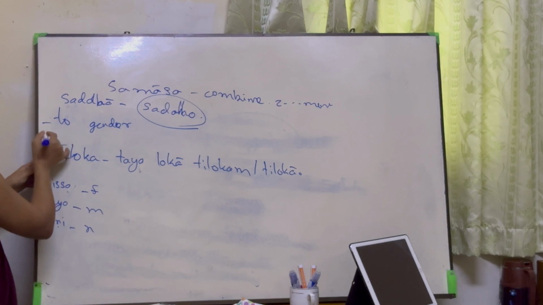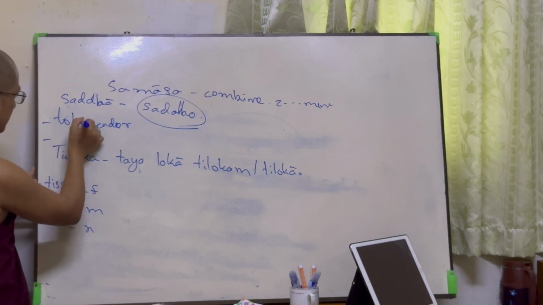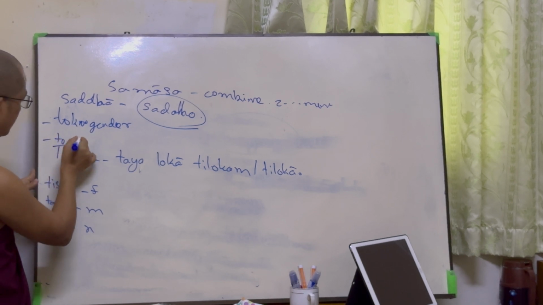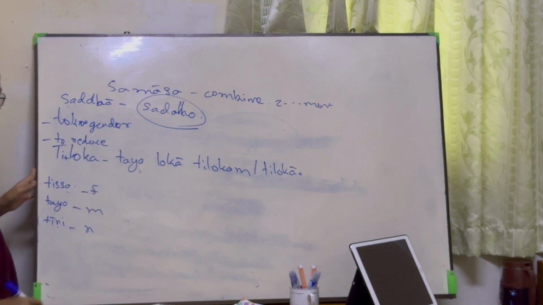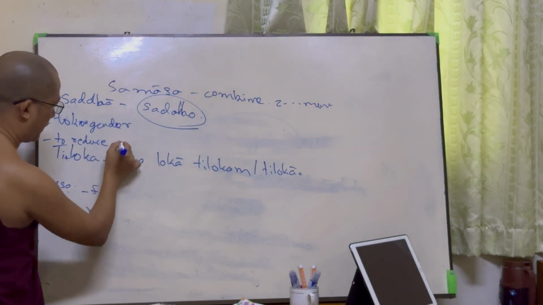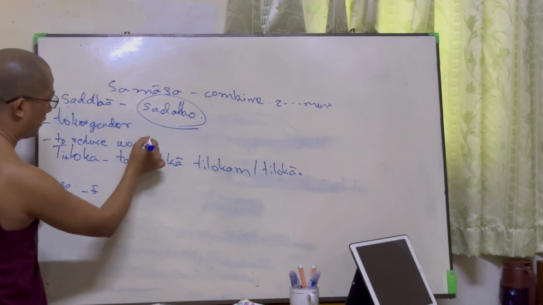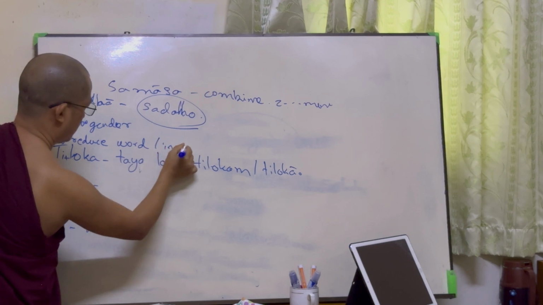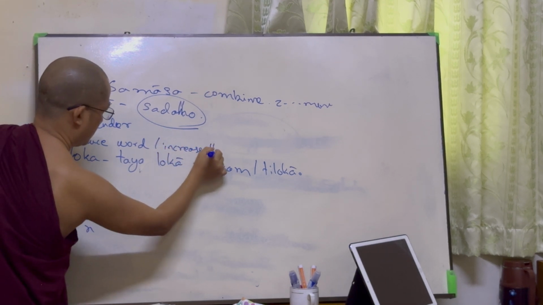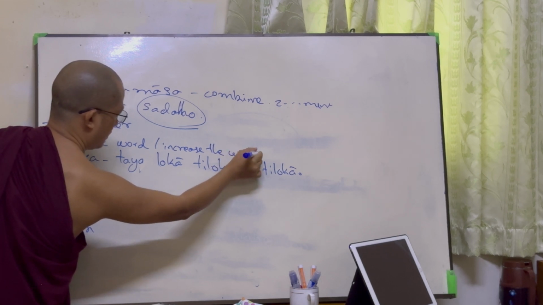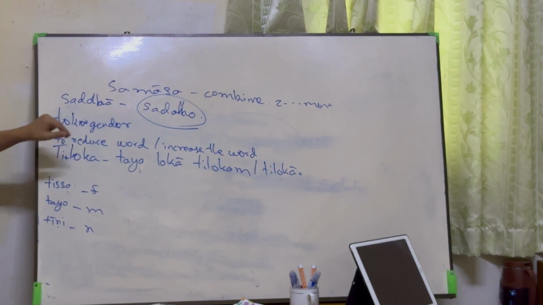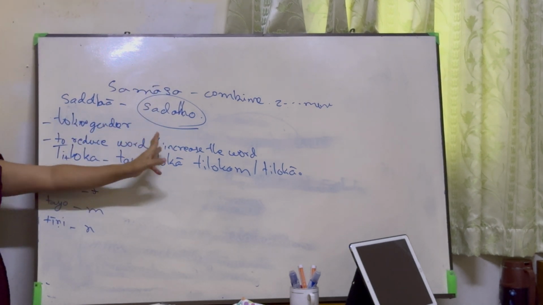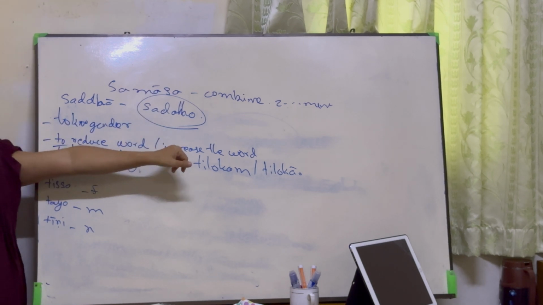The second purpose is to know what is reduced and what is increased. Sometimes by using the Samāsa something will be reduced, and sometimes something will be increased.